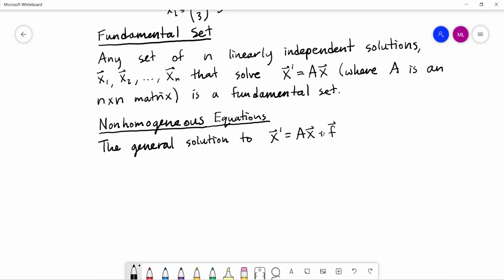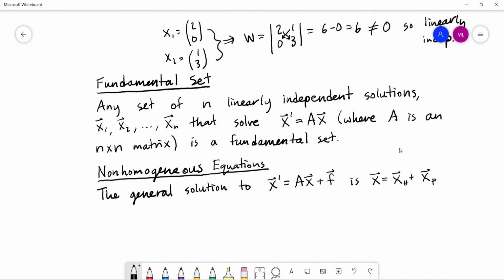The general solution to that is x equals what I'll write as x homogeneous plus x particular. The x homogeneous term will be formed by taking any linear combination of the things that form our fundamental set of solutions.